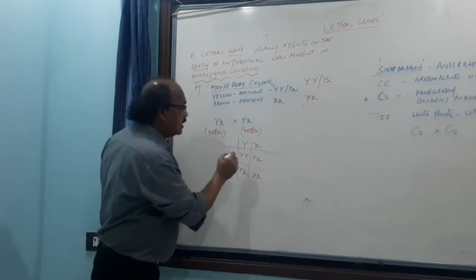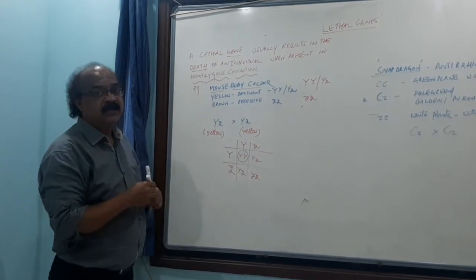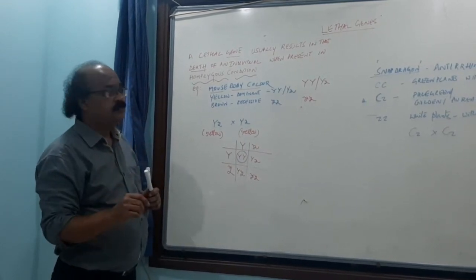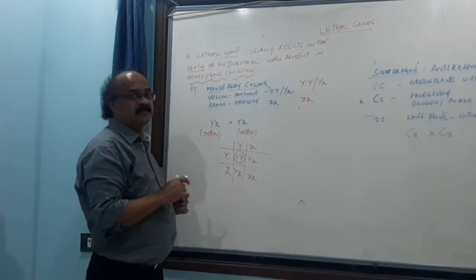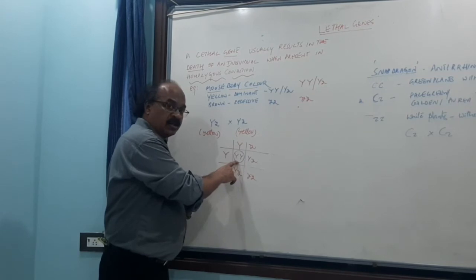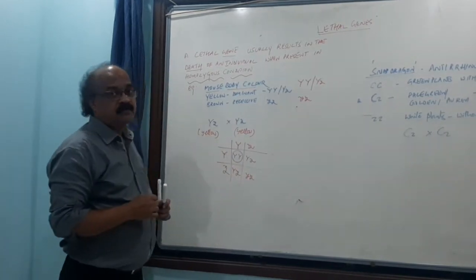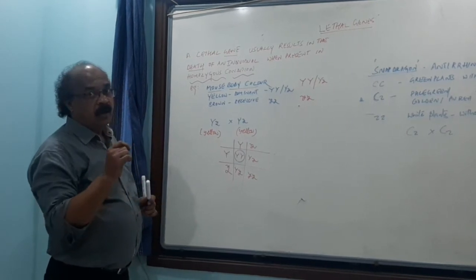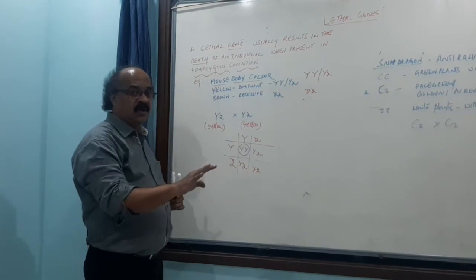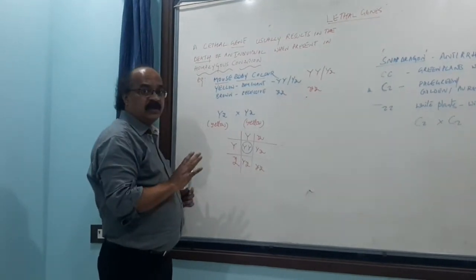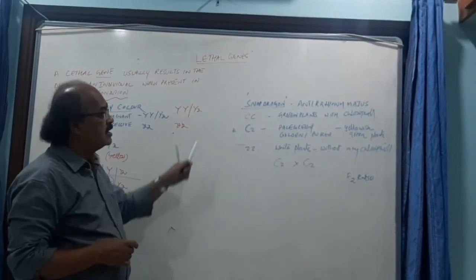But this capital Y capital Y condition is lethal. That particular mouse cannot survive. So this is a homozygous dominant lethal condition. Underline this point: homozygous condition, that is a rule. Maybe that's dominant in some cases.